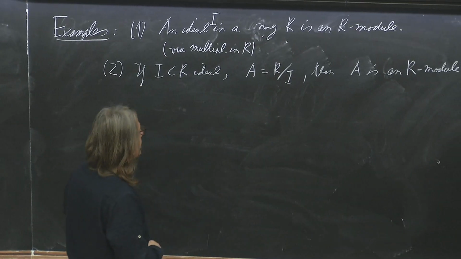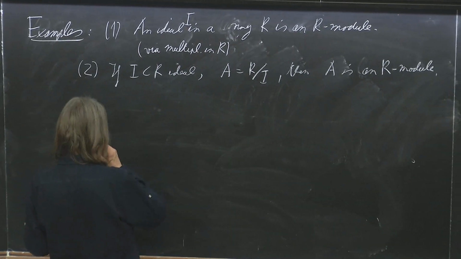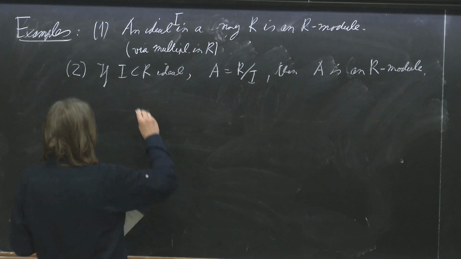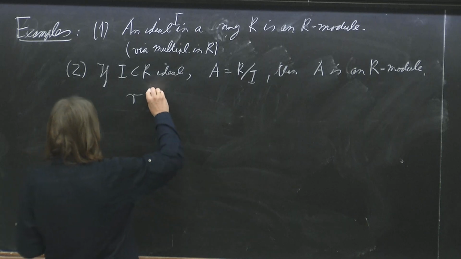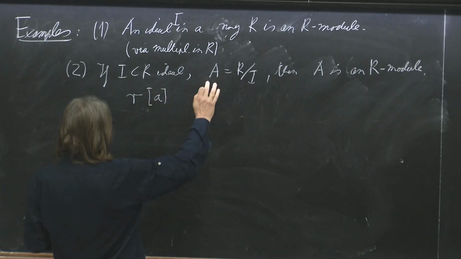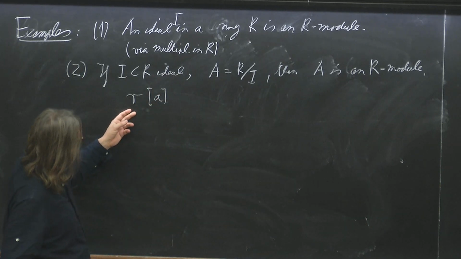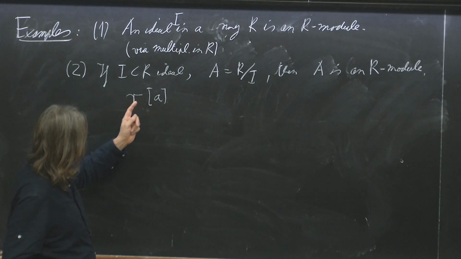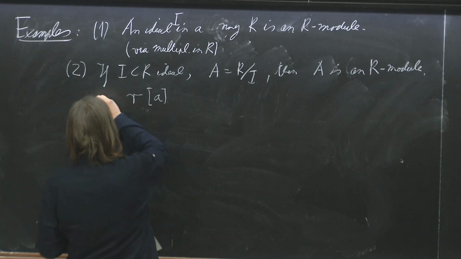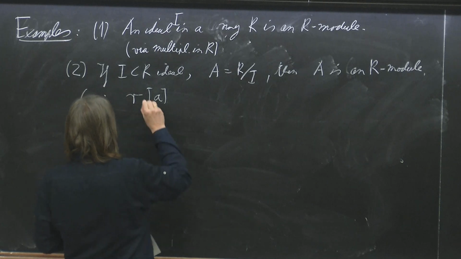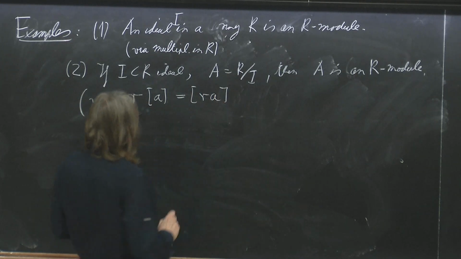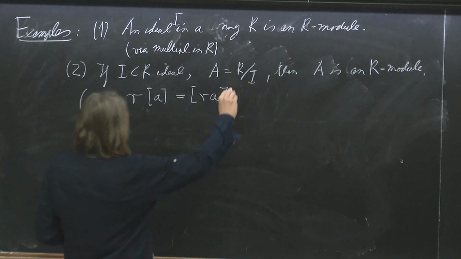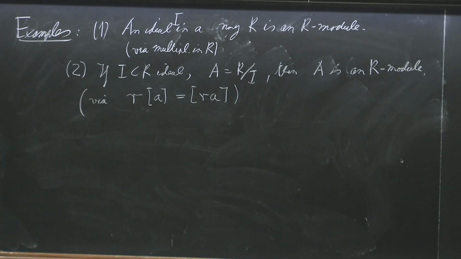Again, that's clear. How do we multiply an element, a class? If I have an element a in R mod I, I multiply it by just multiplying the elements and taking the class, via r times the class of a is equal to the class of ra. You can easily check that this is well defined and satisfies the axioms.